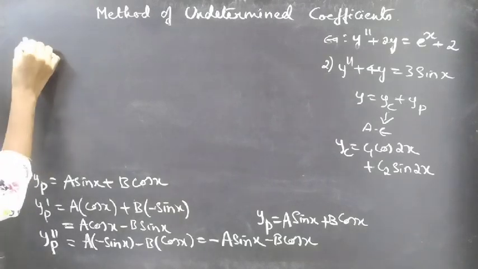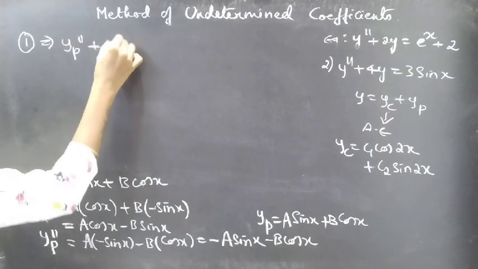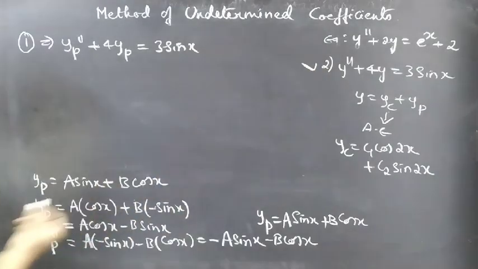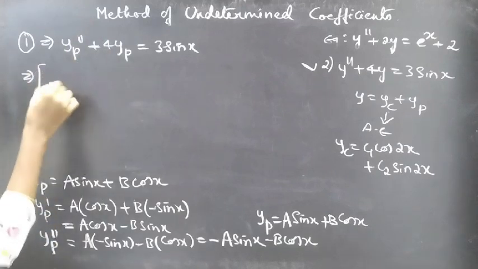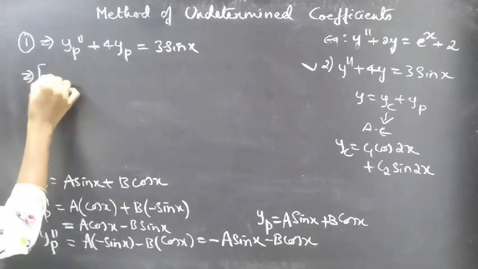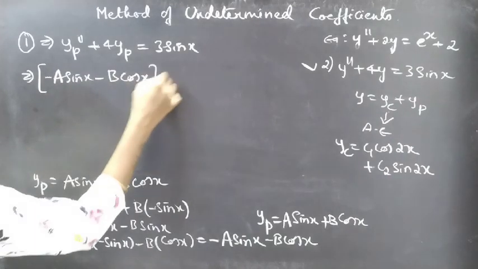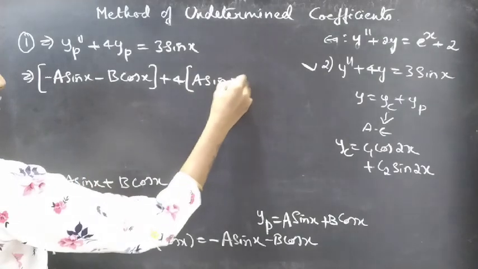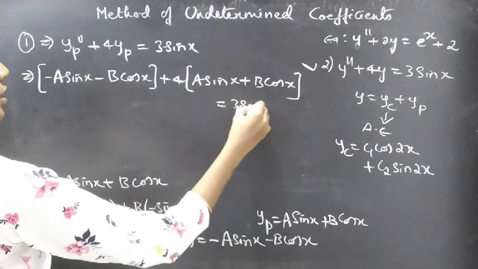Now we can write the given equation as yp double dash plus 4yp equal to 3 sin x. We are solving the second problem, right? Now substitute yp double dash and yp in it. We have yp double dash, that is minus a sin x minus b cos x, plus 4 into yp, a sin x plus b cos x, equal to 3 sin x.